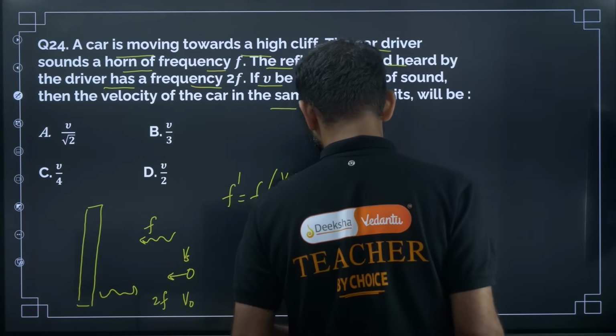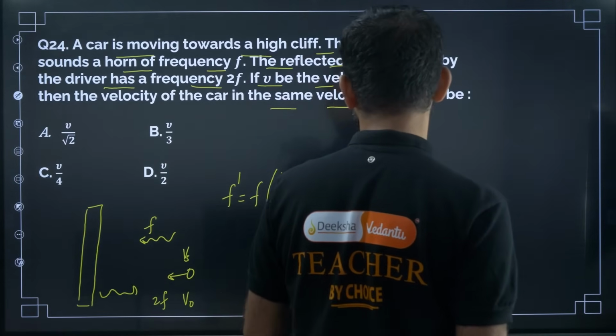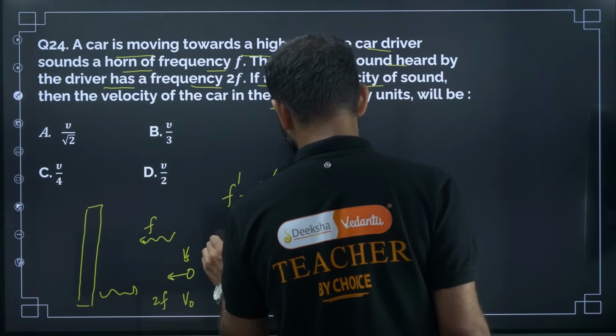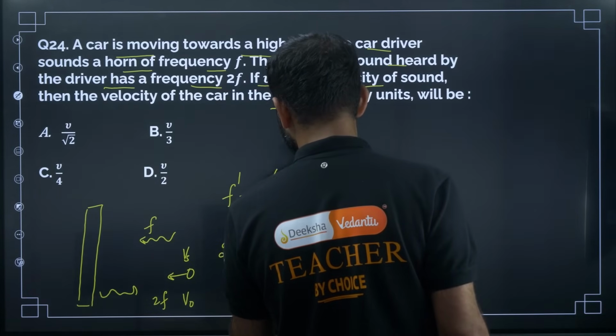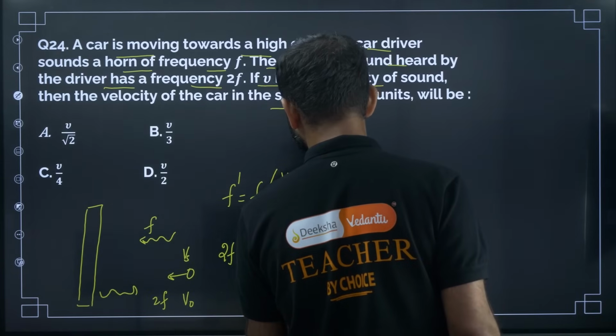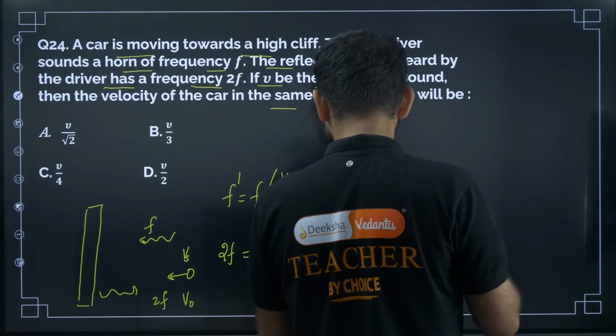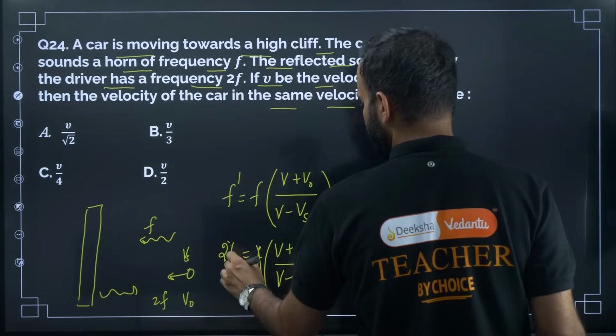So now here velocity of the sound is v, right? So now f dash is 2f. So 2f is equal to f into v plus Vo divided by v minus Vs. Vs is also Vo, right? So now f will get cancelled.